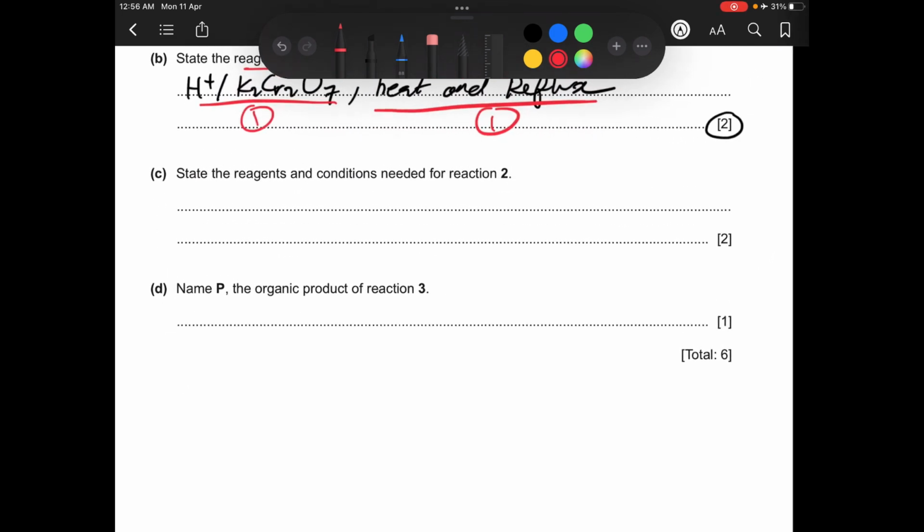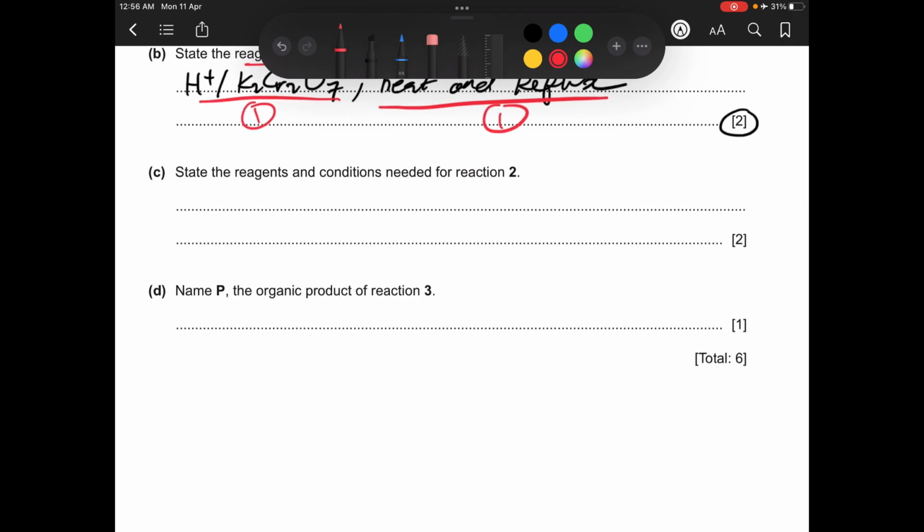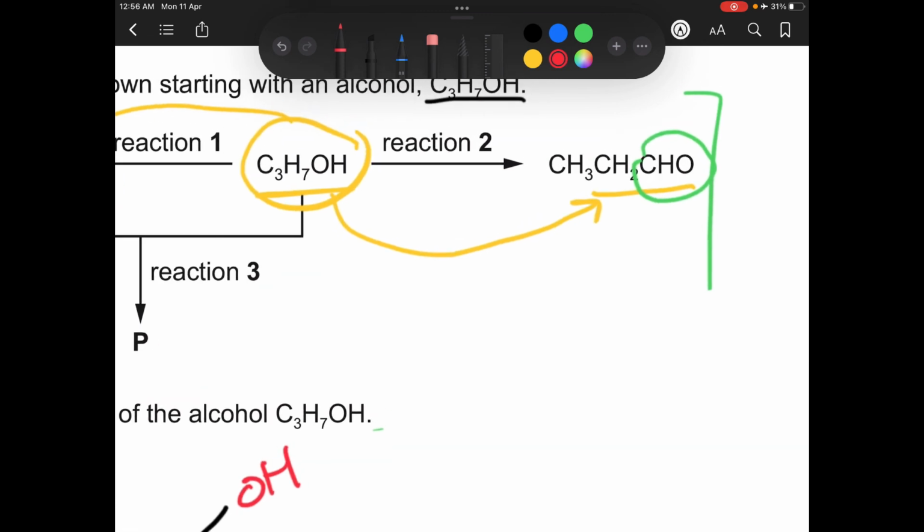Let's see, state the reagents and conditions needed for reaction 2. Let's see what reaction 2 is. You will notice that you have OH that changes to aldehyde. And by the way, this is oxidation. But if you remember, when we have oxidation, first of all you will have aldehyde, and then you separate the aldehyde by distillation before it changes to carboxylic acid.